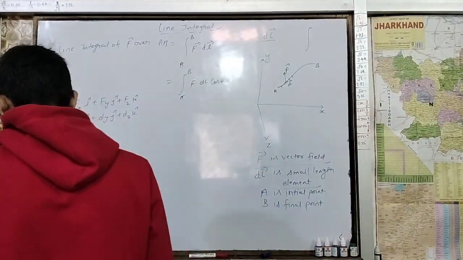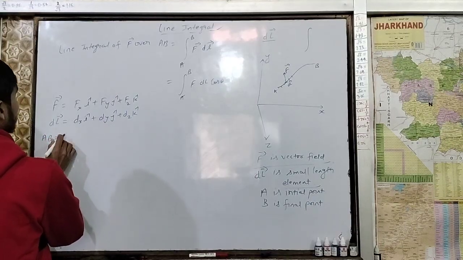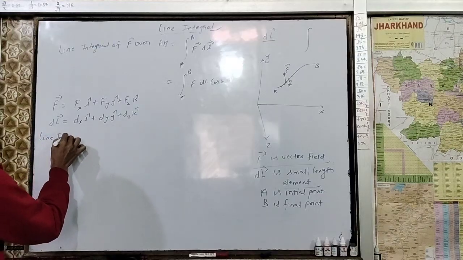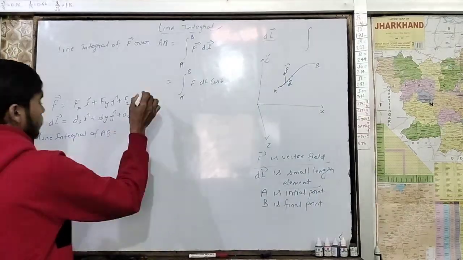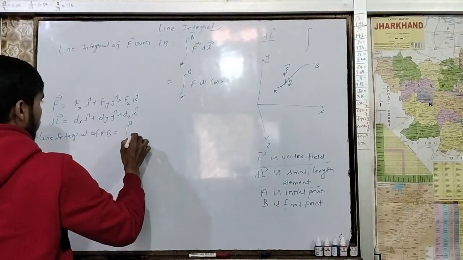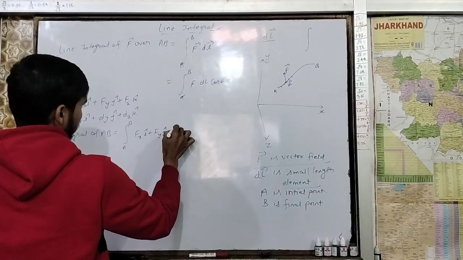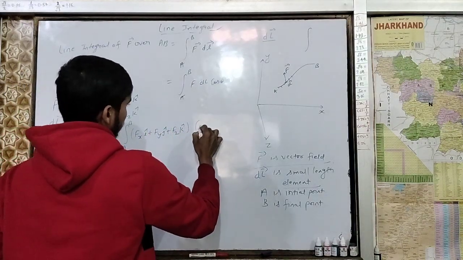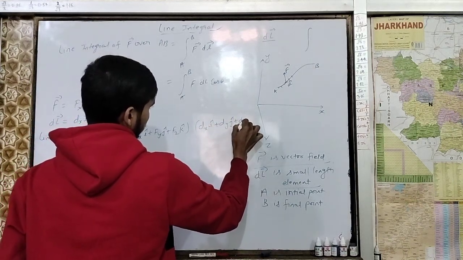So the line integral of AB will be equal to, from A to B, fx i cap plus fy j cap plus fz k cap dot dx i cap plus dy j cap plus dz k cap.